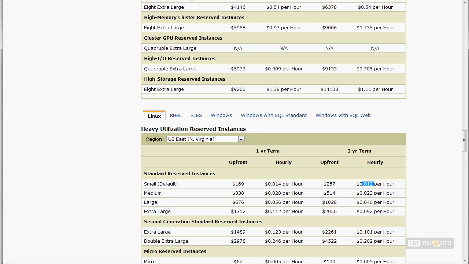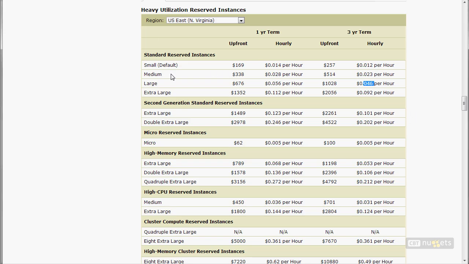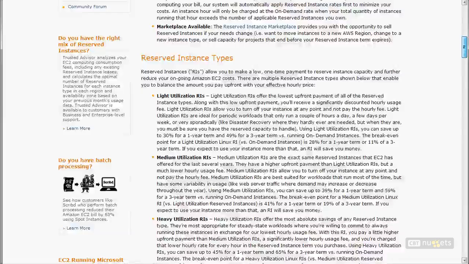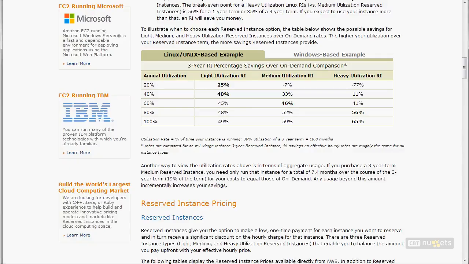Now, coming back to this, notice the rate. Oh, I scrolled down a little too far. Right here. The rate is so amazingly cheap that even if you power that server off. Now, let me emphasize, there is no reason to power off a heavy utilization reserved instance because you're not going to get anything back for it.